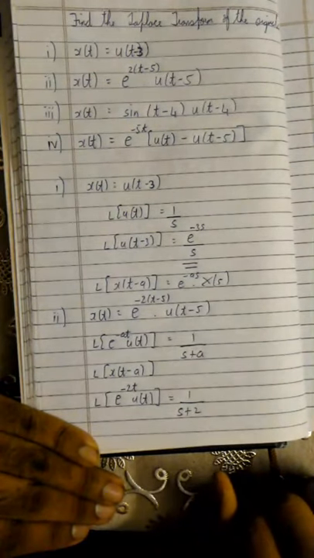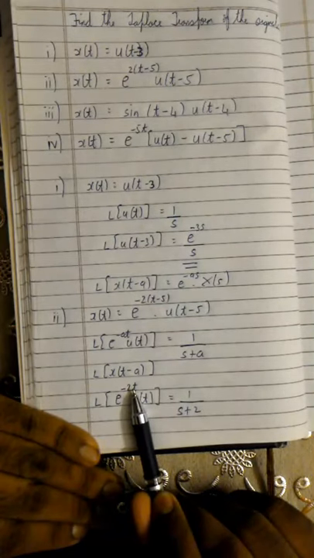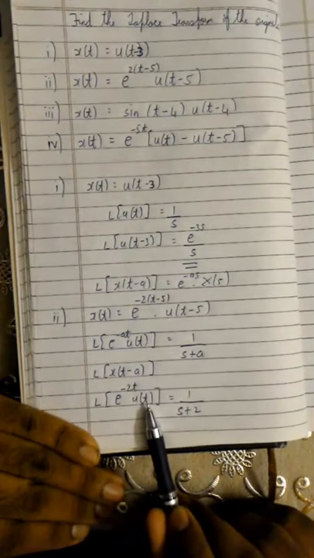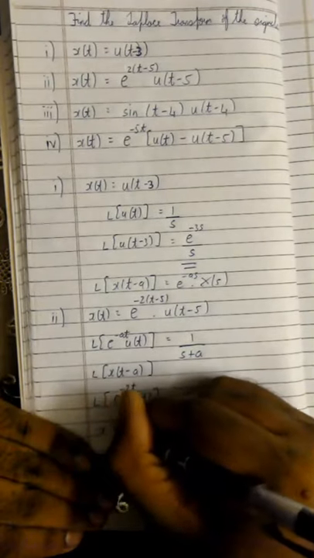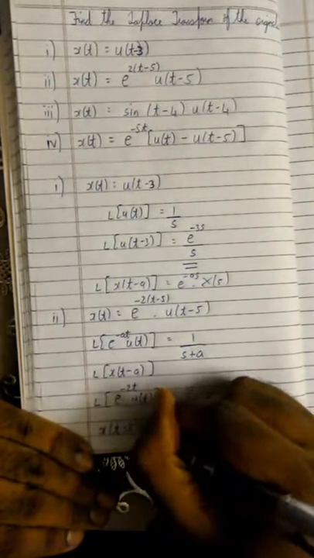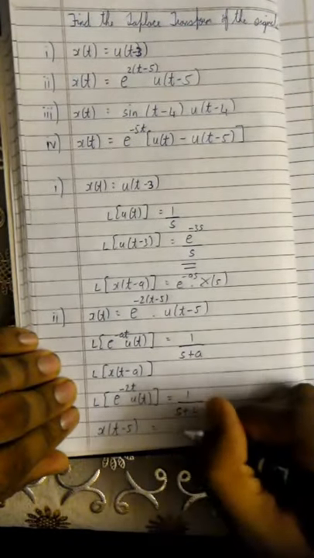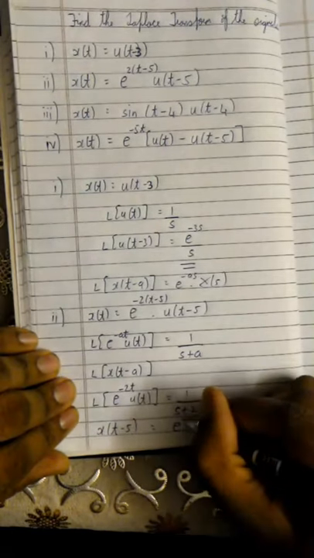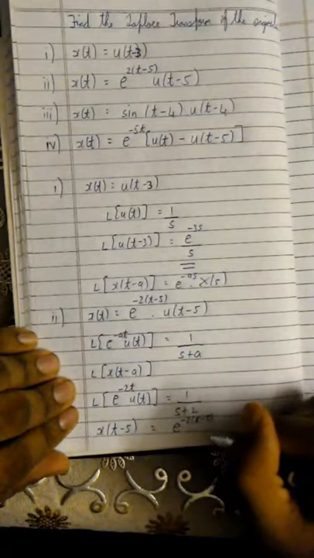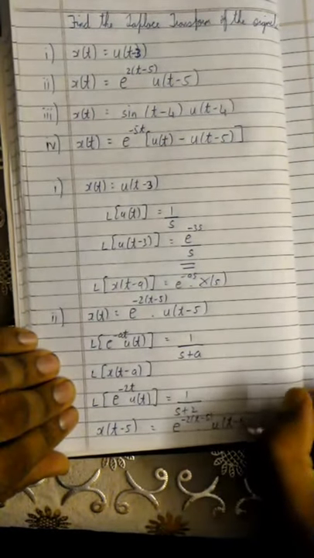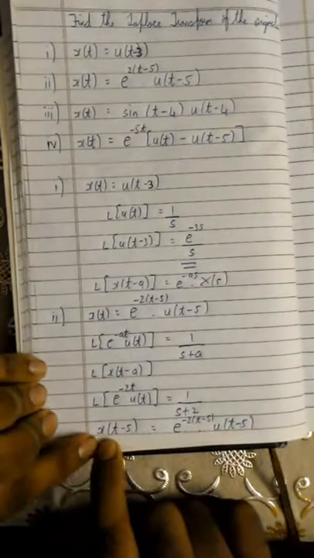Okay, so now if I replace t with t minus 5 here and here also, then that is called x of t minus 5, right? This means x of t minus 5 is nothing but e raised to minus 2 of t minus 5 into u of t minus 5. This is the expression. This is what the time shifting means.